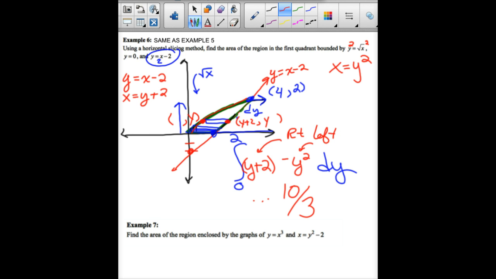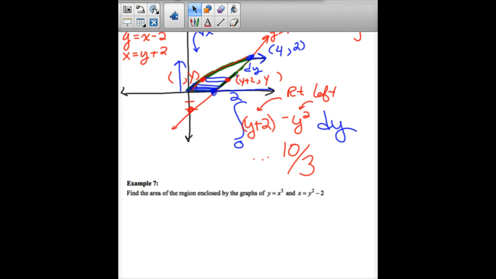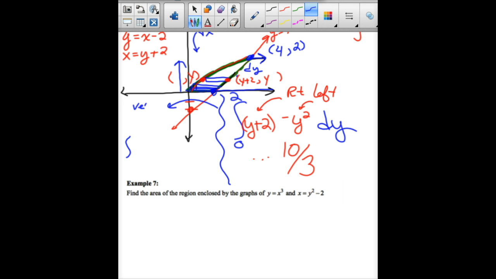Now, had I done coloring vertically, I'm going to show you the setup, but we're going to go really quickly, just to make sure you understand the difference. If I had colored vertically, watch what I would have done. Go over on the top, maybe split this and write vertical. It's getting kind of busy here, but that's okay. If I had done vertical, my limits would have gone along the x-axis.